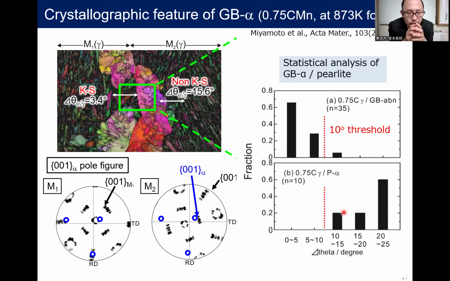So the orientation relationship is a dominant factor in forming grain boundary ferrite. And as I explained, in the nucleation stage, ferrite tends to hold a near-KS orientation relationship with at least one side of the austenite. So that's why grain boundary ferrite is formed even in hypereutectoid steel.